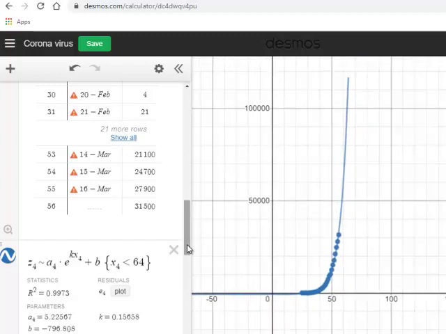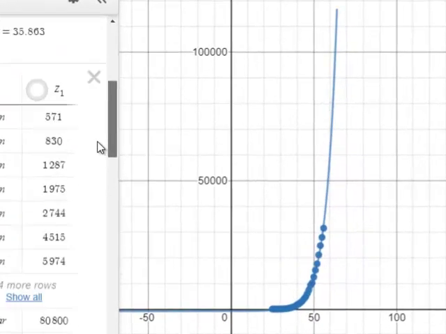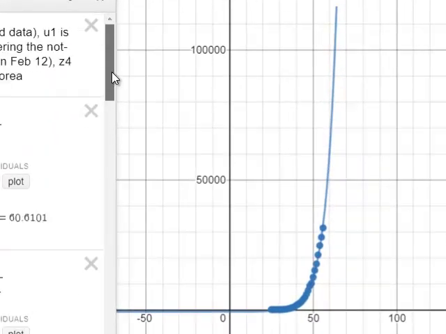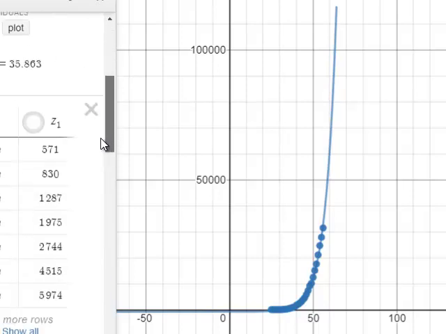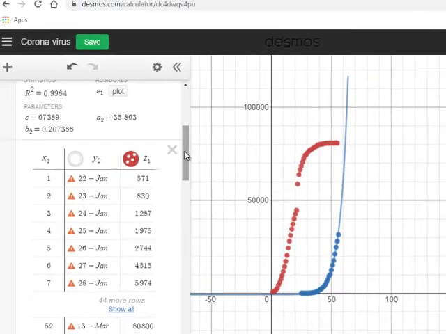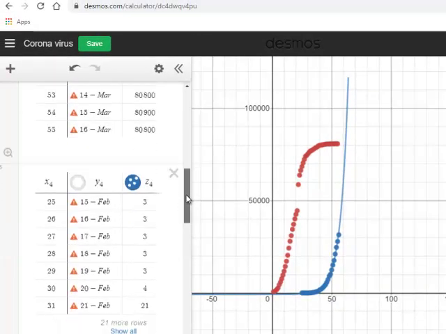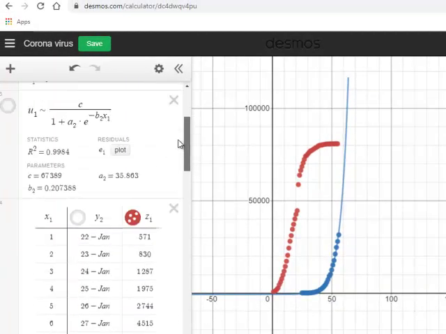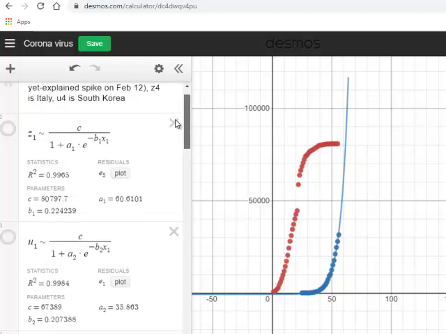If we compare this with China, and I'm going to do that in a later recording, I think this is China here. We can see this one here and China's curve, which I believe I put here.